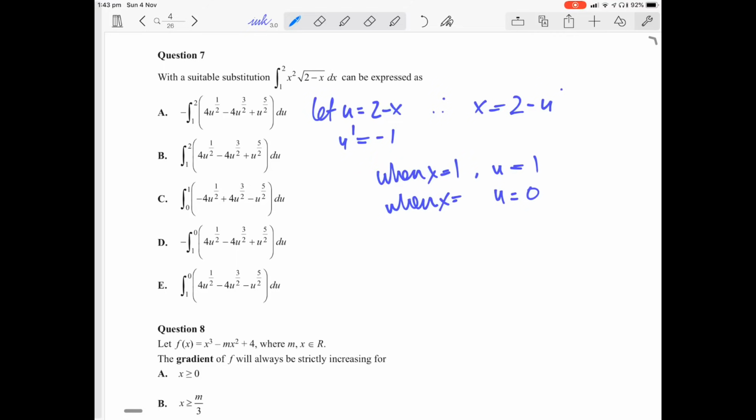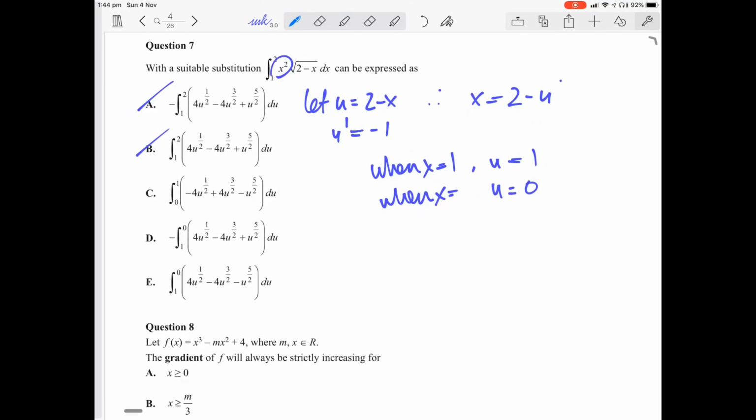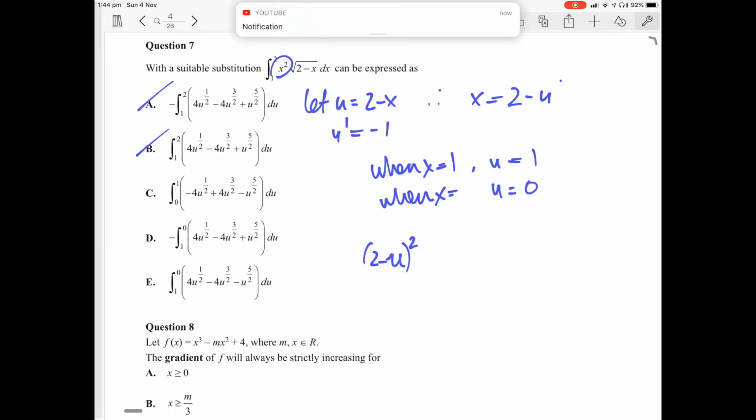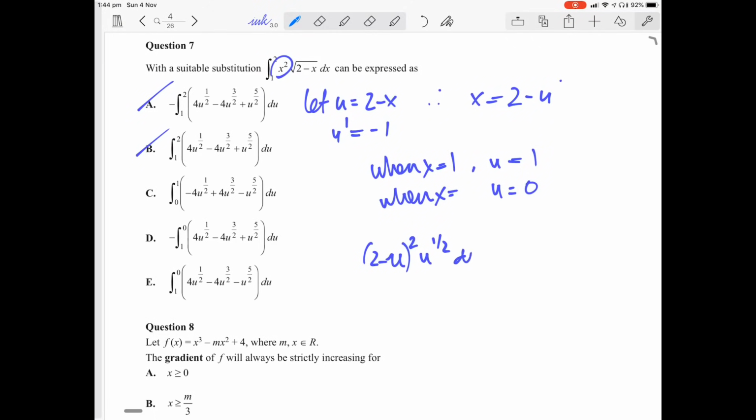Okay, so 1 to 0. So we can scrap them. Okay, we've got x squared, 2 minus u squared, and then root 2 minus x, so u to the half, du.